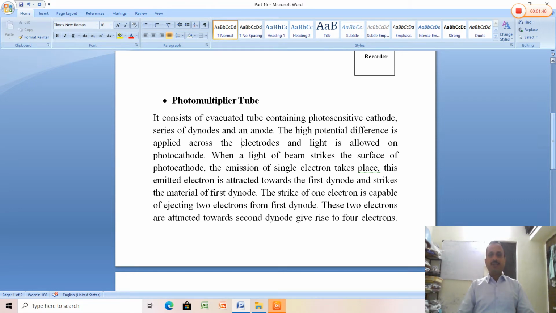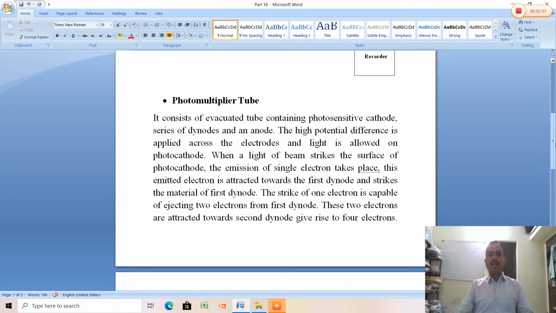This emitted electron is attracted towards the first diode, and strikes the material of the first diode. The strike of one electron is capable of ejecting two electrons from the first diode.